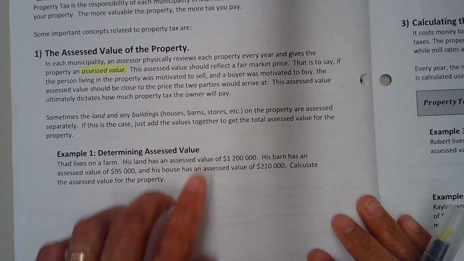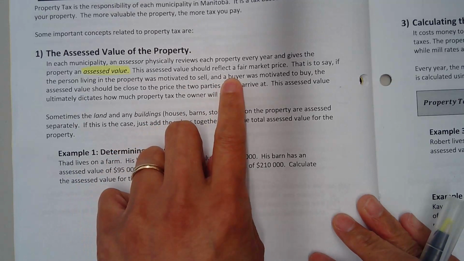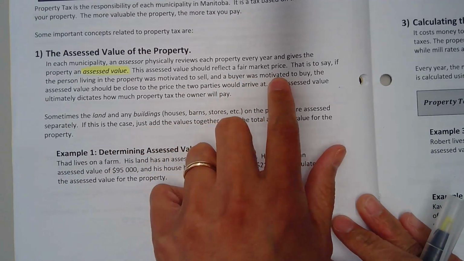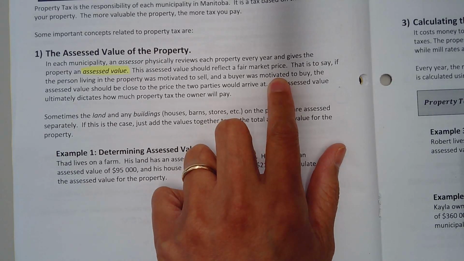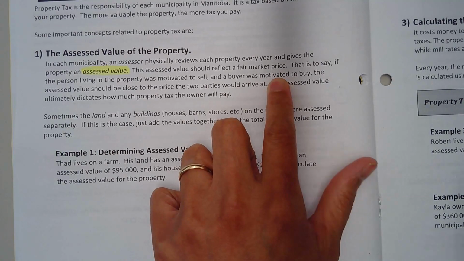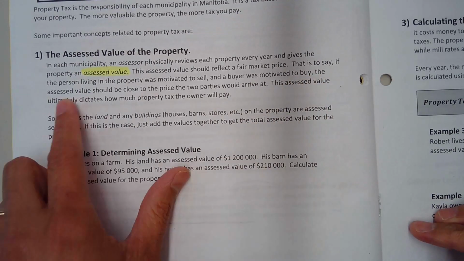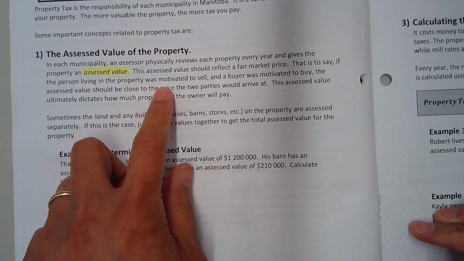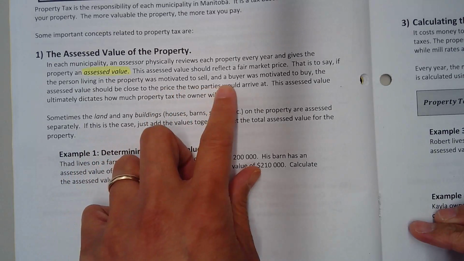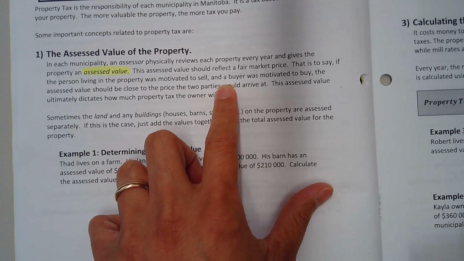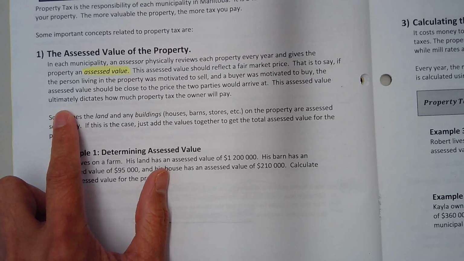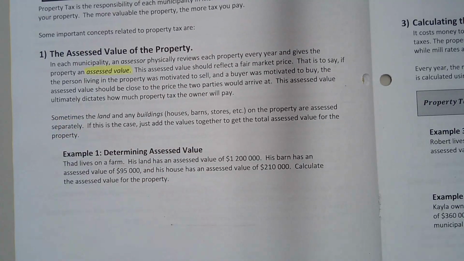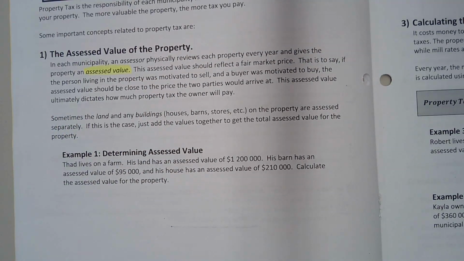Okay. So this assessed value should reflect a fair market price. What does it mean by fair market price? Not overpriced, not underpriced, but what's fair. That is to say, the person living in a property is motivated to sell, and the buyer is motivated to buy. The assessed value should be close to the price of the two parties. So if somebody was to sell their home, what do they want?